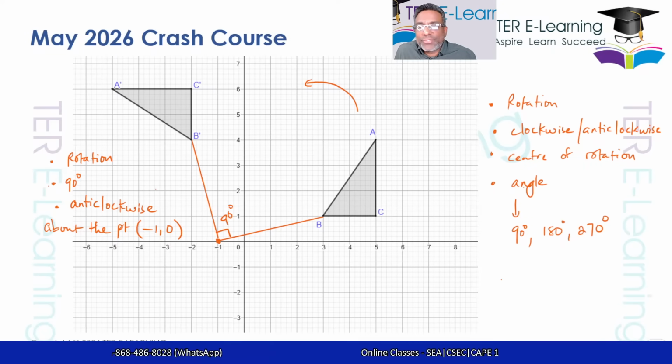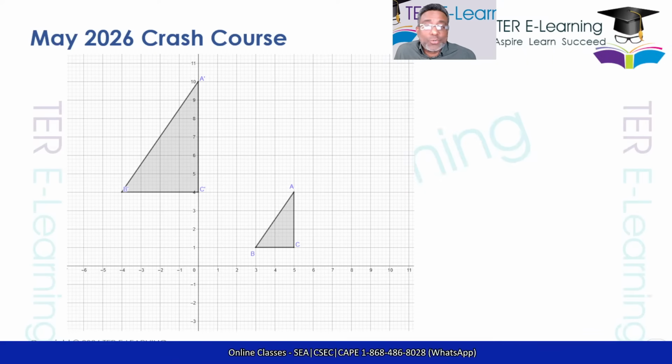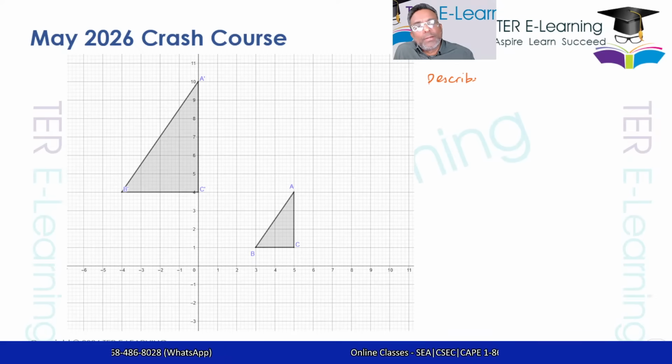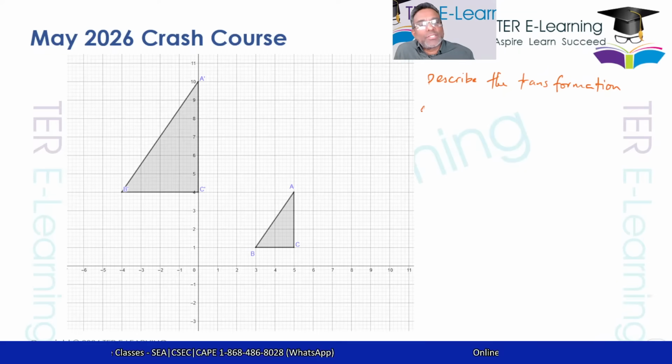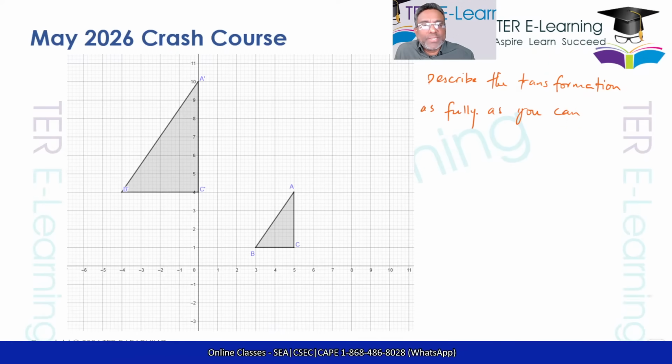All right. Now, the 4th kind of transformation that we can get in the exam is called an enlargement. So if I have to describe the transformation as fully as you can, let's say we had to describe this here.